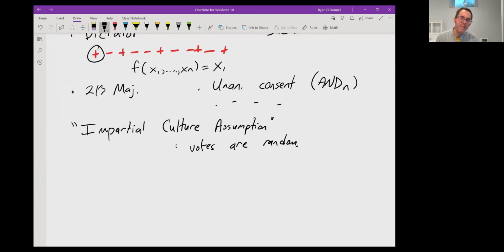And then you can start reasoning about the probability that different voting rules have this or that property. You might think this is kind of ridiculous, that people don't just flip a coin for their votes. But actually, on one hand, you've got to do something. You've got to make some model if you're going to start studying these things. And it's also a reasonable model if you imagine in the US, maybe 96% of people's votes are fixed. It's not even a question how they're going to vote. They're fixed either plus or minus.